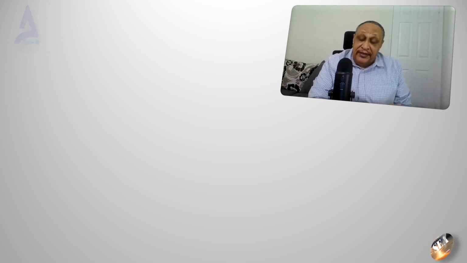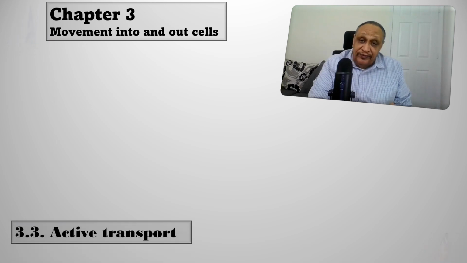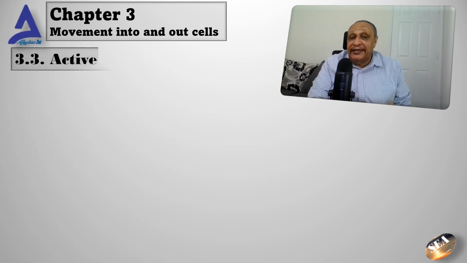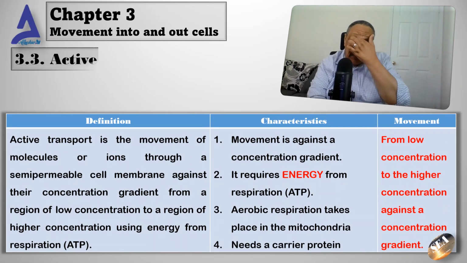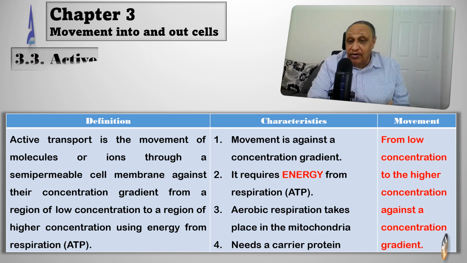What is active transport? This is what we are going to answer now. And also we would like to know the differences between active transport and the other two types of movement of particles, diffusion and osmosis.